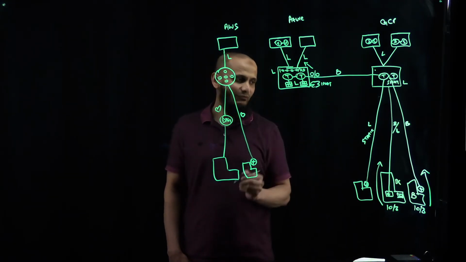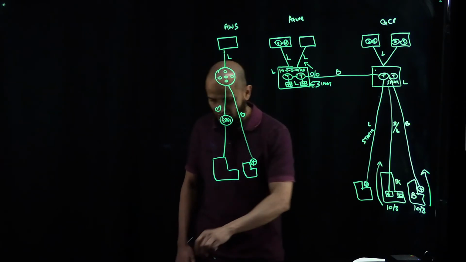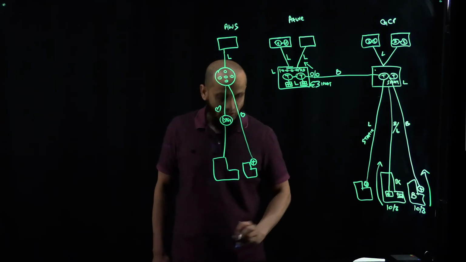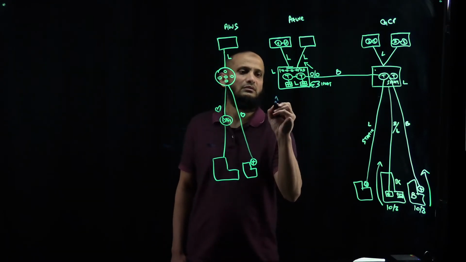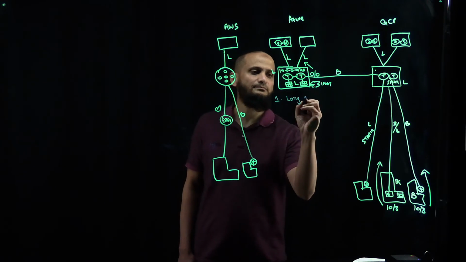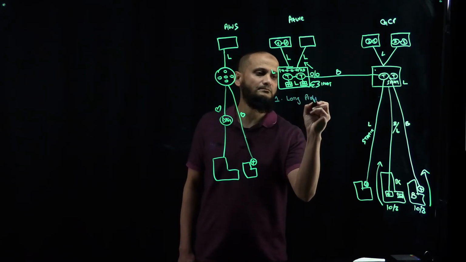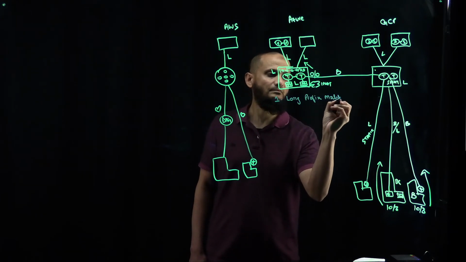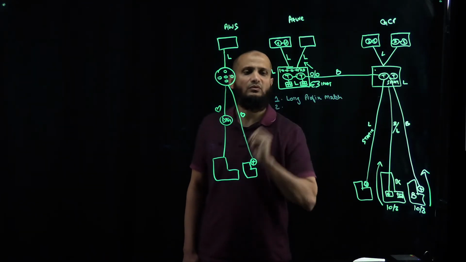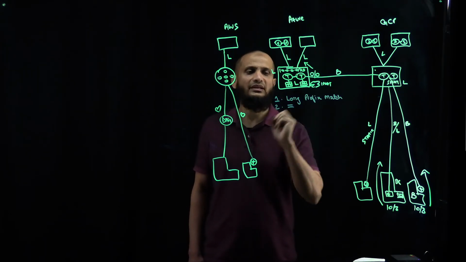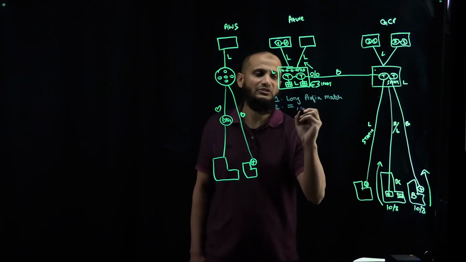So if I wanted to write it down to have a better understanding of that, the first one is about longest prefix match, right? And then if both are equal, at that point the local route is chosen.